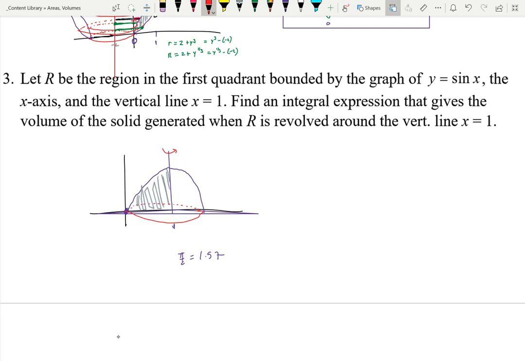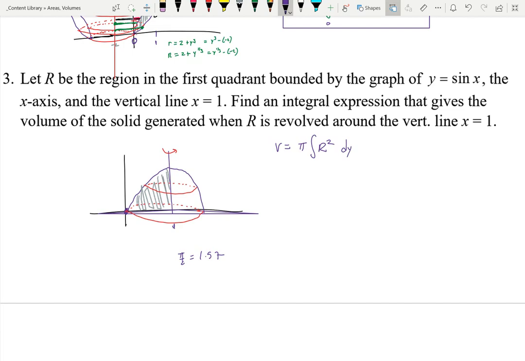So what that tells me is I'm going to have solid disk cross sections. So volume is going to be given by pi r squared. Now we're rotating around an axis parallel to the y-axis, so that's an integral with respect to y.